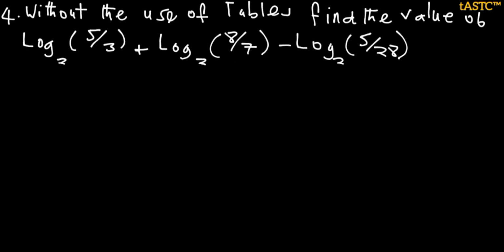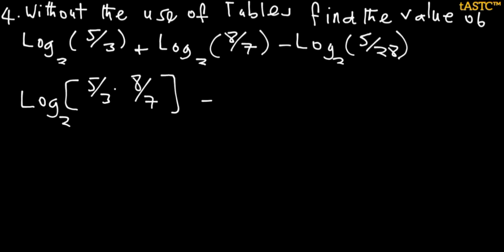And that will completely be divided by this. So that is going to be log to the base 2 of 5/3 multiplied by 8 over 7. And this is going to be minus log to the base 2 of 5 divided by 28.